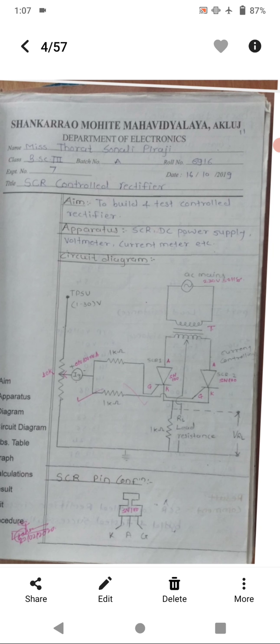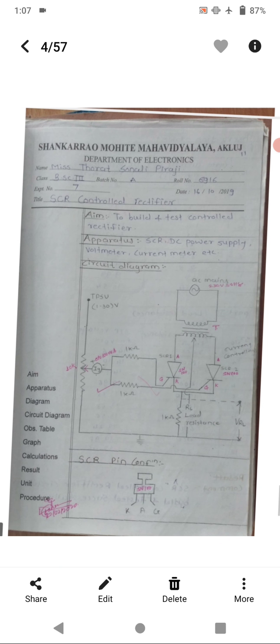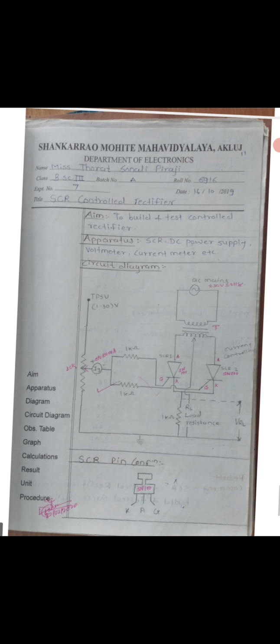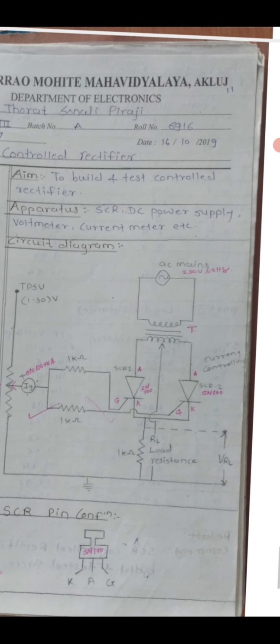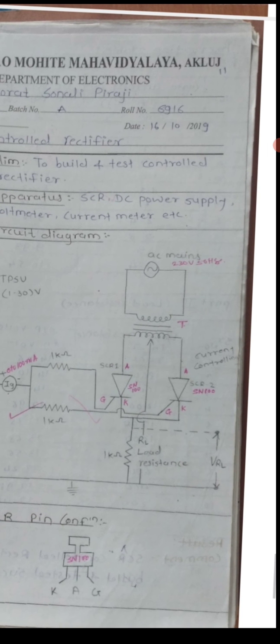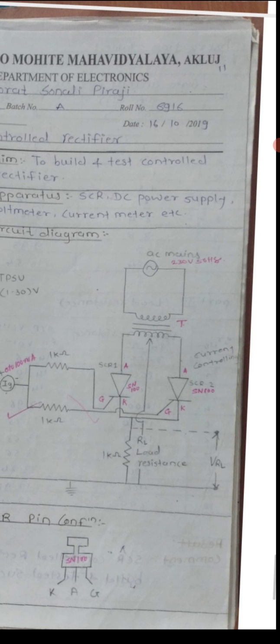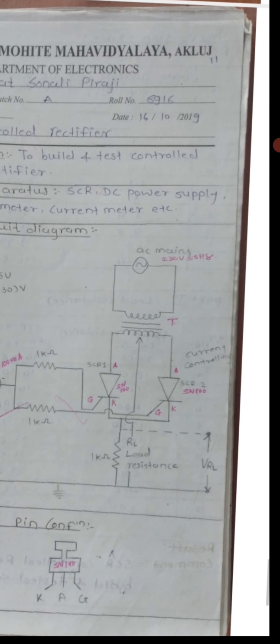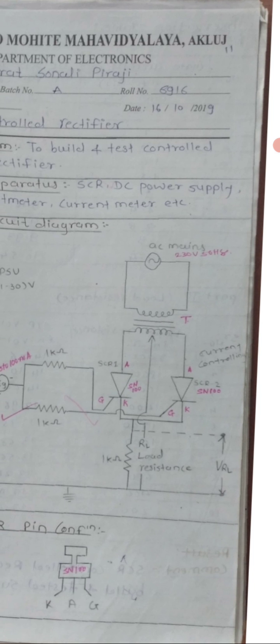Then see the circuit diagram. This is the circuit diagram of our experiment. Here the AC mains supply of 230 volts, 50 hertz is used, and here a 12-0-12 transformer is used. These transformer connections are connected to the two SCRs.